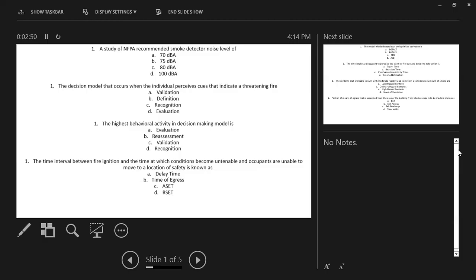The time interval between fire ignition and the time at which conditions become untenable and occupants are unable to move to a location of safety is known as.